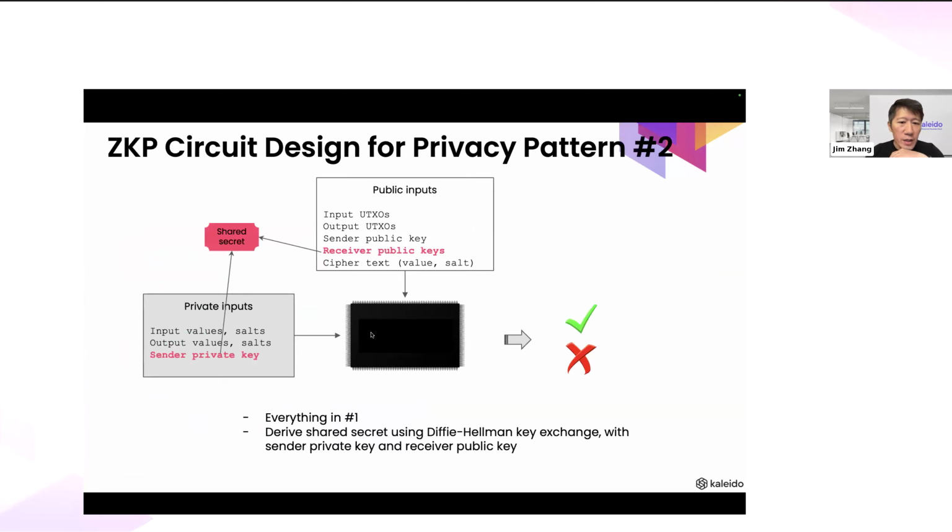So we still have the same private input with the private key from the sender and the public key from the receiver. But now we derive using Diffie-Hellman. It's a well understood protocol to generate a shared secret without the two parties sharing anything other than the public information. So this shared secret then is used to generate a ciphertext, and this ciphertext is a public output.